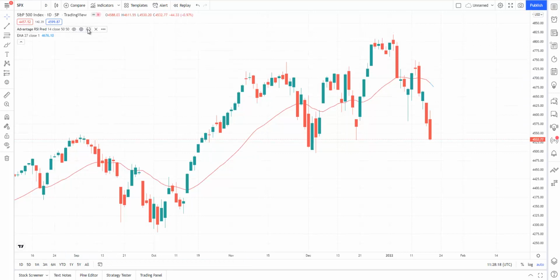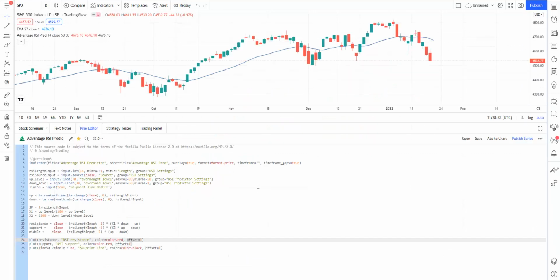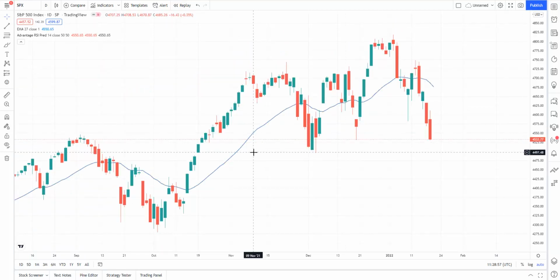Let's just see the code. You can see that in the plot section at the very bottom, the offset is set to 1. That's why you have to shift the moving average so that it becomes the RSI predictor.